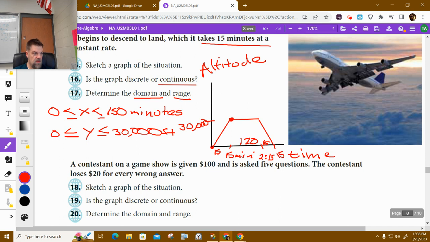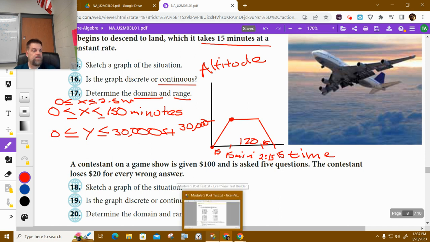I probably should look at my little teacher book and see if I'm doing it correctly. Now the textbook says I did it in minutes, but if you were to do this in hours, it could be 0 to 2.5 hours. The range is the same though.